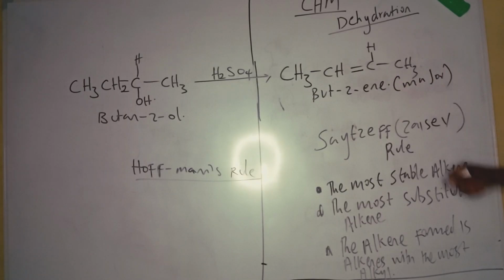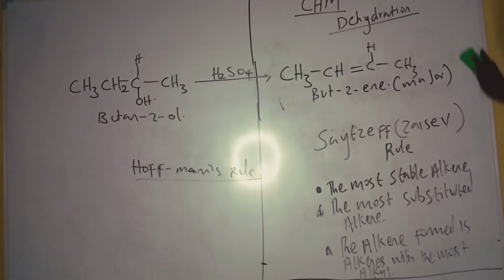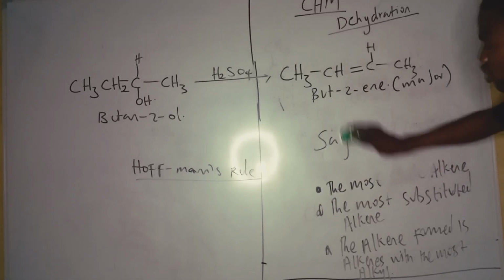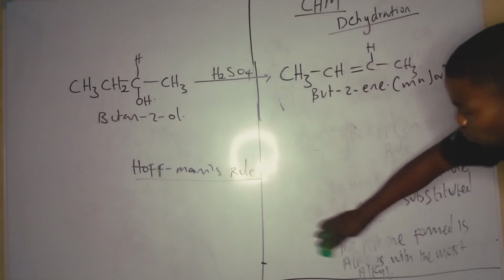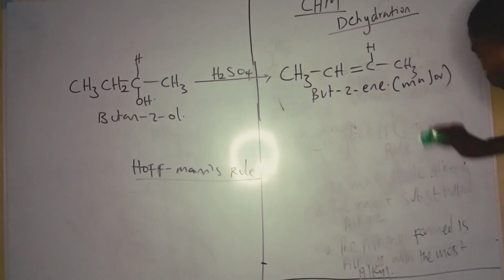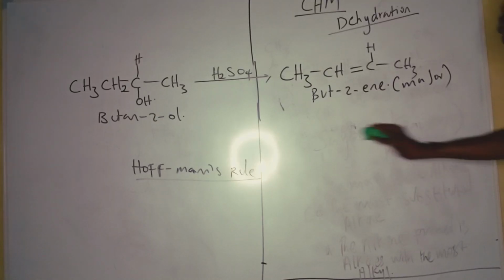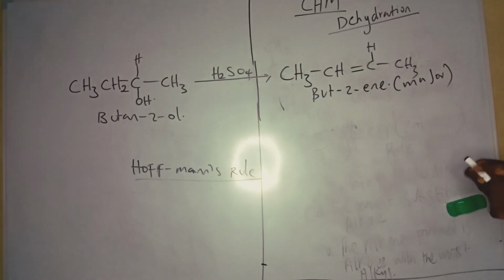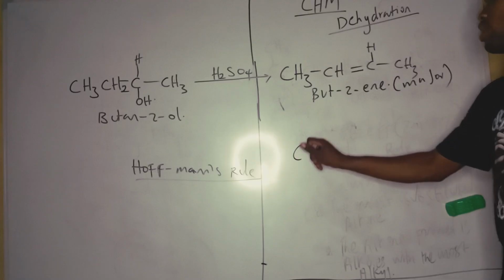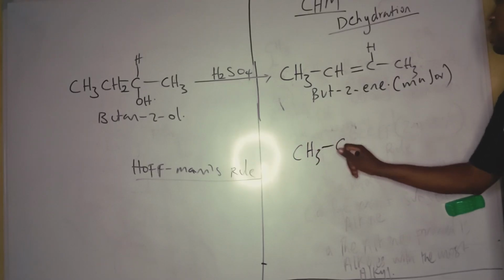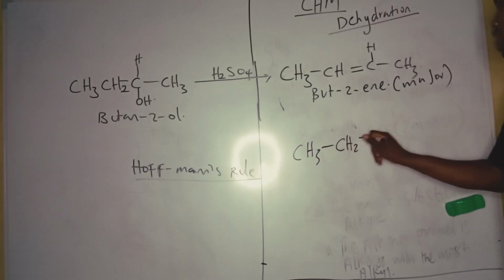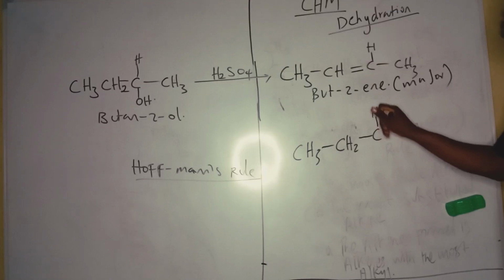Some of us can also be asked, for this reaction, what is going to be the minor product? So the minor product for this reaction can be CH3, CH2, and now I'm going to remove hydrogen from this carbon here.